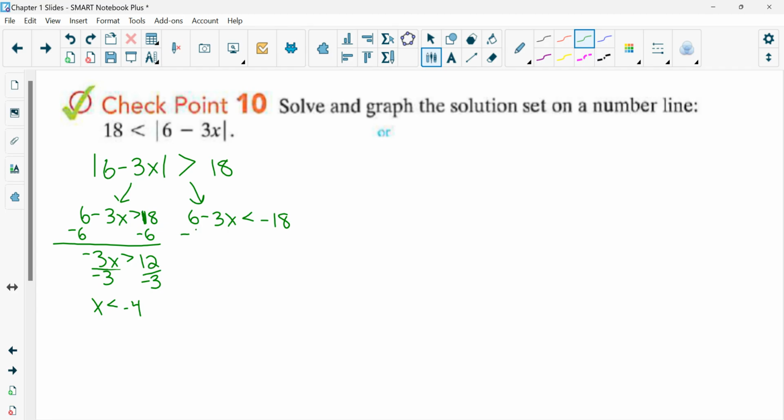And then we do -6 on both sides. We have -3x is less than -24. And because we're dividing by a -3, our x would be greater than 8.